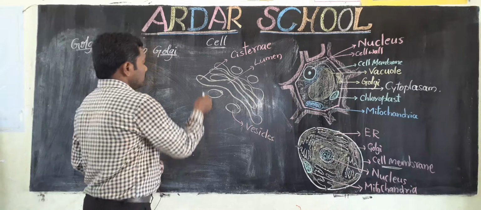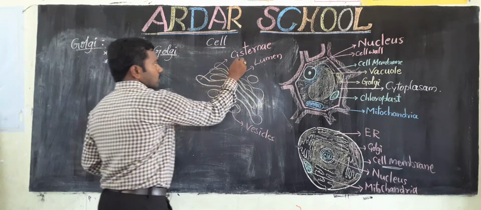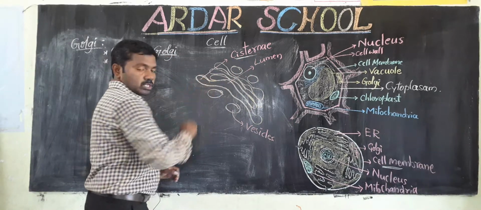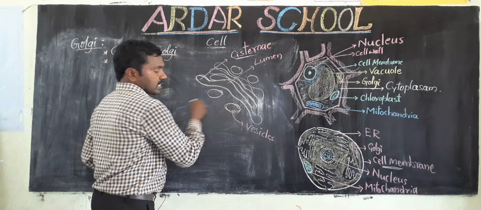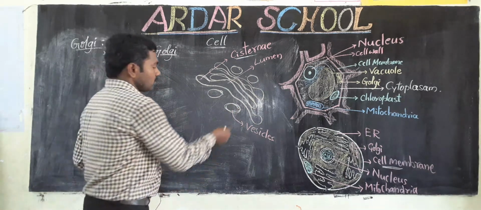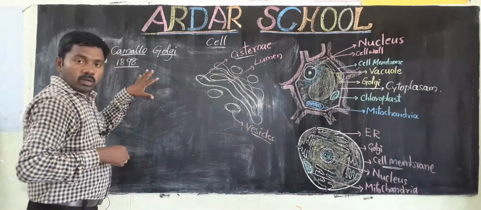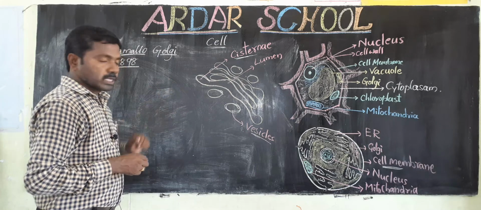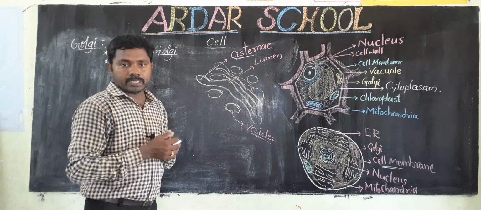Okay children, here sac-like structures are there. These are called the cisternae. Here some fluid-like structures are stored. These are called the vesicles. What is the main function of the vesicles? We already learnt that the rough endoplasmic reticulum and smooth endoplasmic reticulum synthesize proteins and lipids.